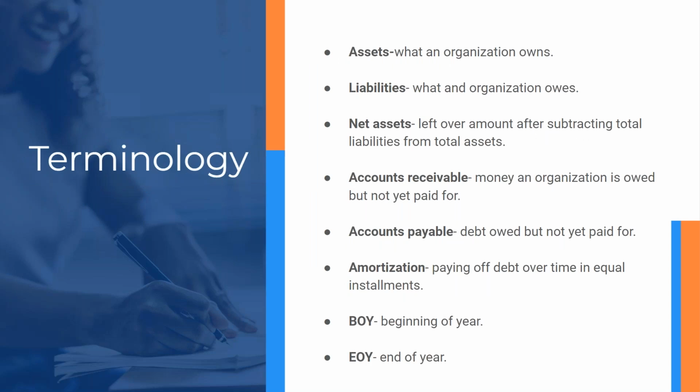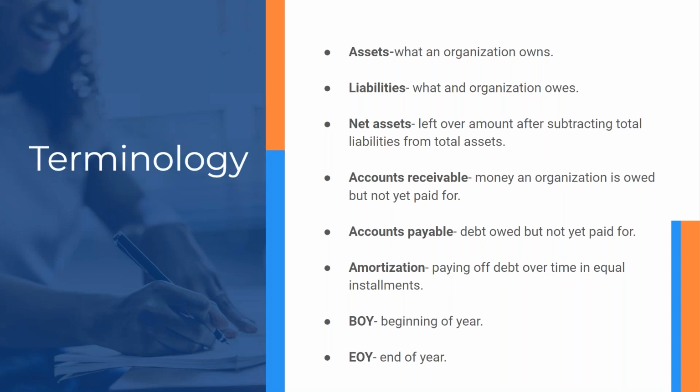A few different terminology words we're going to talk about throughout this webinar. We're going to talk a lot about assets, which are what the organization owns. Liabilities are what the organization owes. Net assets are the leftover amount after subtracting total liabilities from total assets.